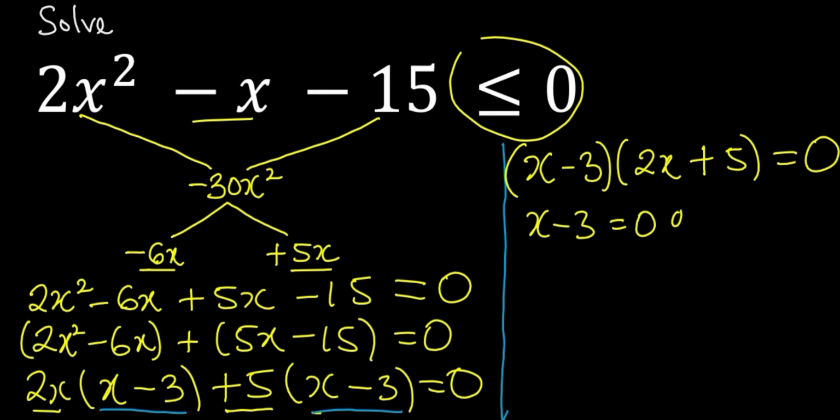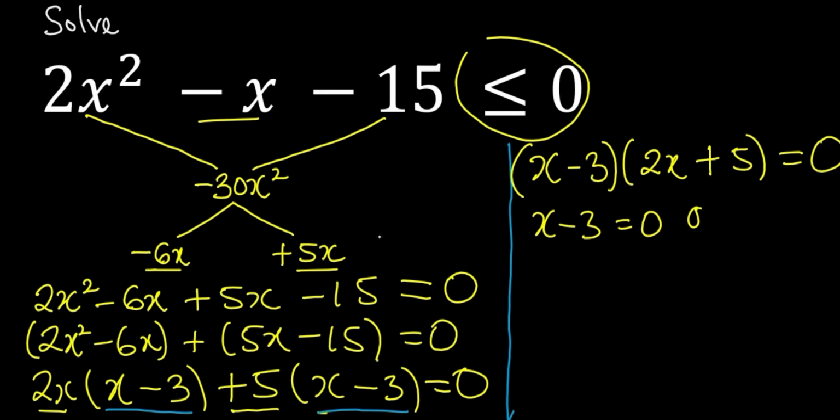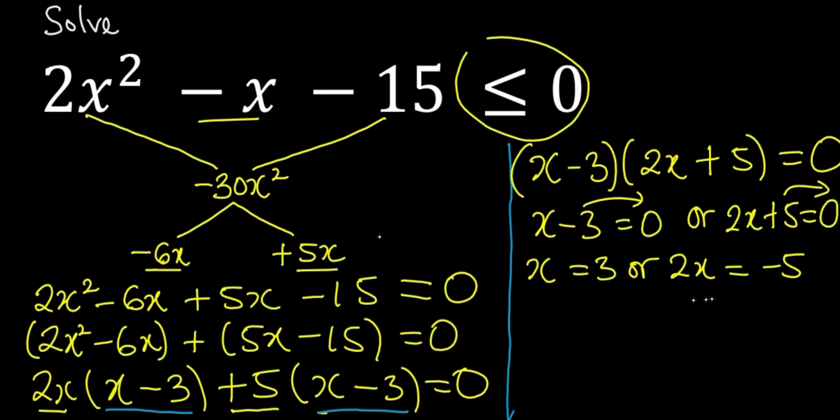So x minus 3 equals 0, or 2x plus 5 equals 0. So x equals 3, and then 2x equals minus 5. x equals 3, or x equals minus 5 over 2.